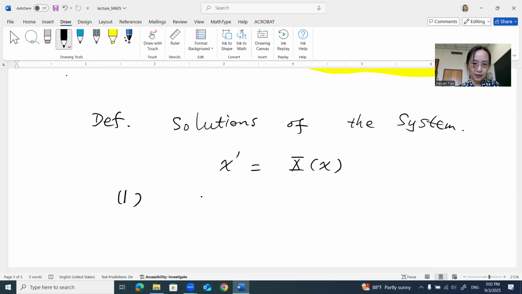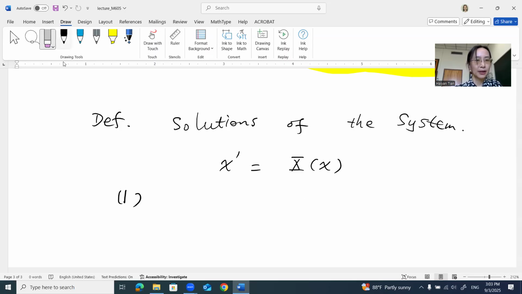That means our solution curve alpha has to be differentiable, because you see alpha's derivative has to be equal to the vector field evaluated at alpha. So in order for alpha to be a solution of the system, alpha should be differentiable. So let's first require alpha to be differentiable.